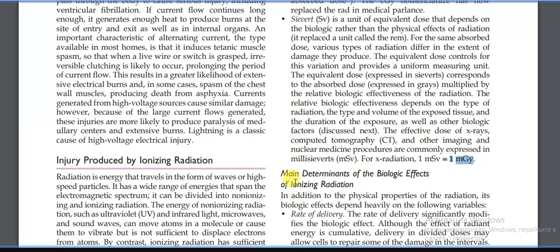Okay, now we understand. So what is the injury produced by ionizing radiation? Why can we say that this injury is safe or not safe? Actually, because of our opportunity for repair. If ionizing radiation injures our tissues, and proteins are injured, we can repair them by the process of autophagy.